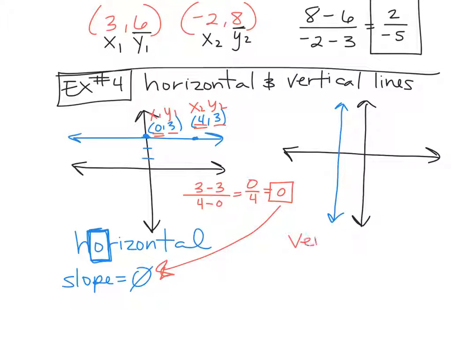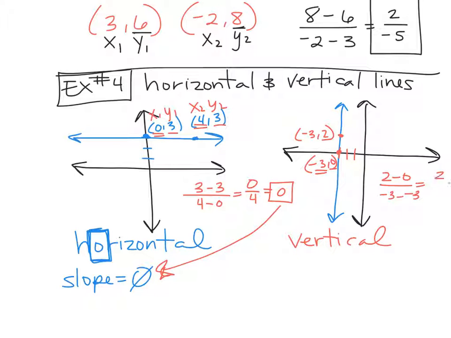Whereas a vertical line, with a vertical line, if I were to do the same thing, let's say this is 1, 2, 3, then this point right here is negative 3, 0. And this point right here might be negative 3, 2, okay? If I try and plug that into slope formula, I'm going to get 2 minus 0 over negative 3 minus negative 3.